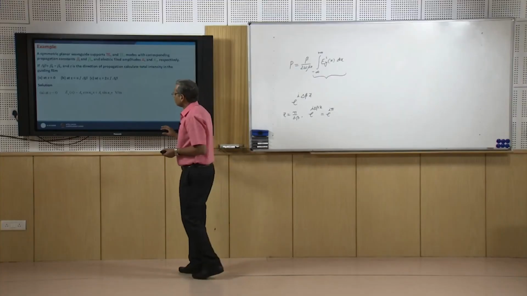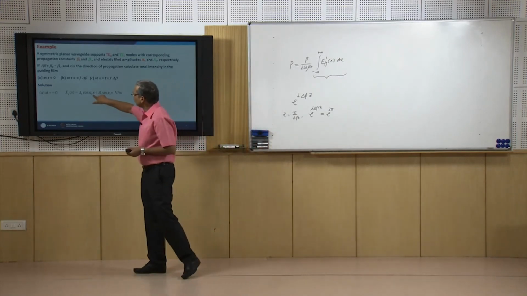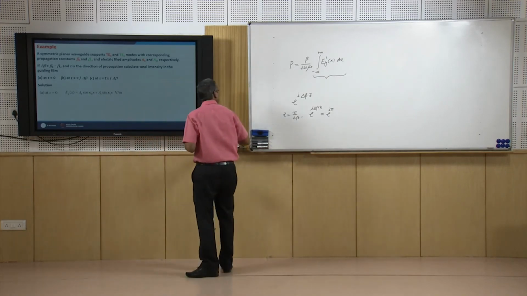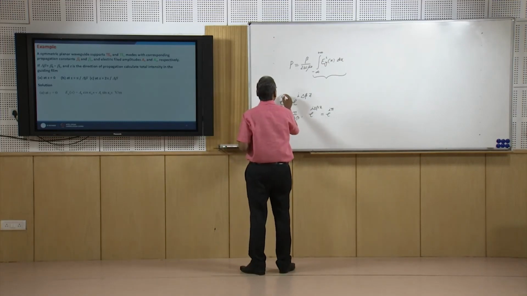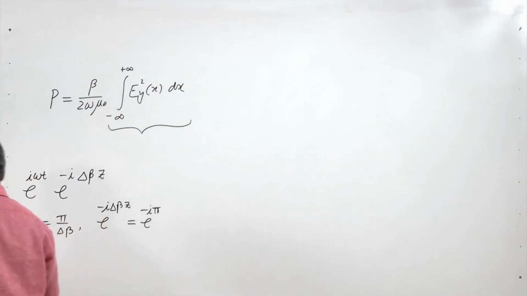which means that these two modes would be pi out of phase. If we are doing it in the way e to the power i omega t, then it should be minus. So, we can have this form of expression.